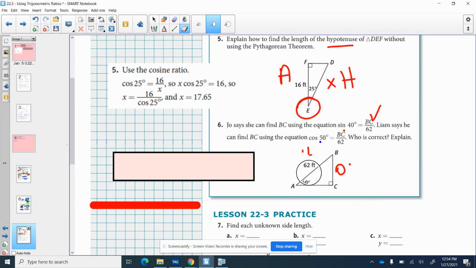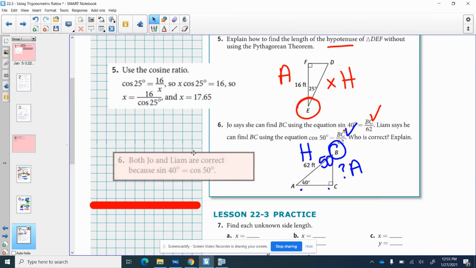Well, if we check out what Liam's argument is, well, we know that if this is 90 and this is 40, to make this equal 180, this angle would have to be 50. And if this was our reference angle, we have the hypotenuse. And if this is the side we're looking for, this is now the adjacent. So we would have to use cosine. So Liam also checks out to be correct on this example.